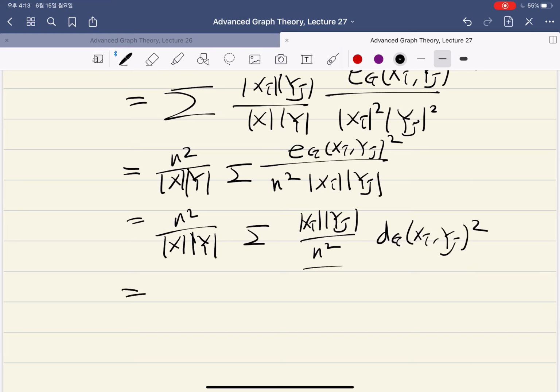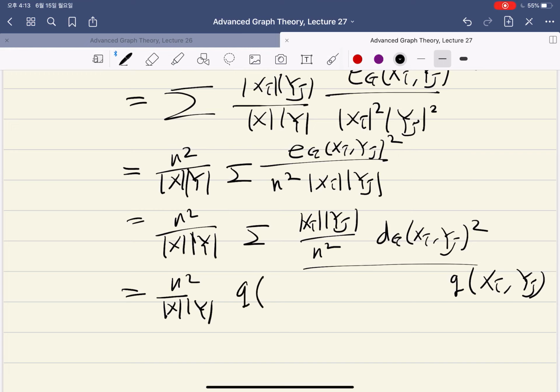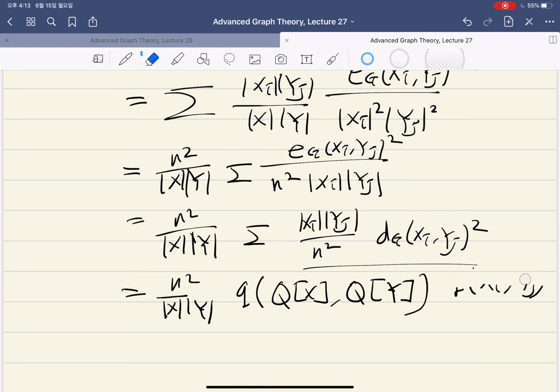So each of them is the same as the energy between Xi and Yj, and you add them together, then that's the definition of the energy between these two partitions. So you get this inequality.